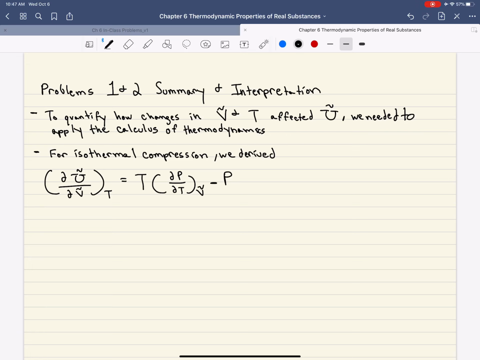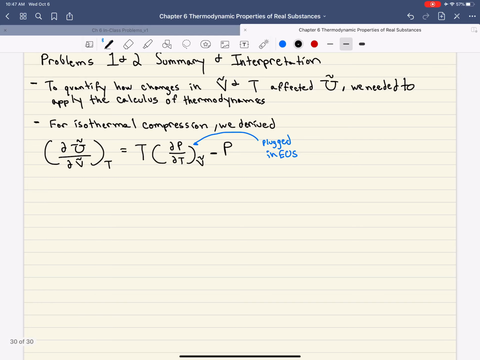Right? To figure out this dP/dT at constant V term, what we did is we just plugged in different equations of state. When we plugged in the ideal gas law, we saw that this partial derivative is exactly 0.